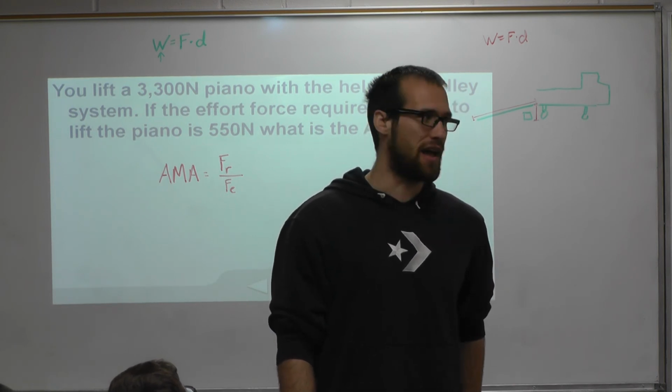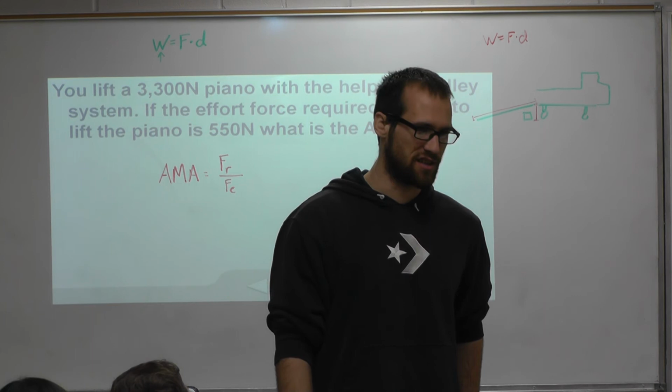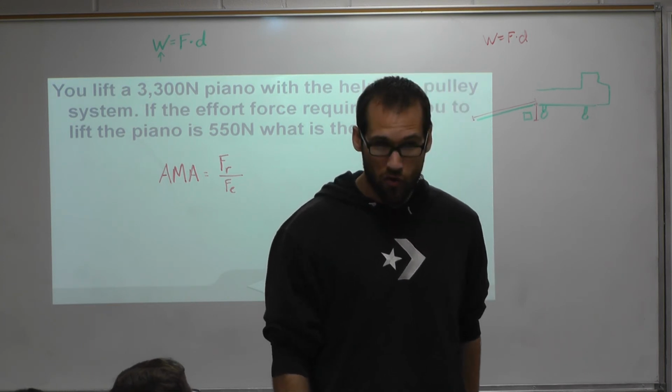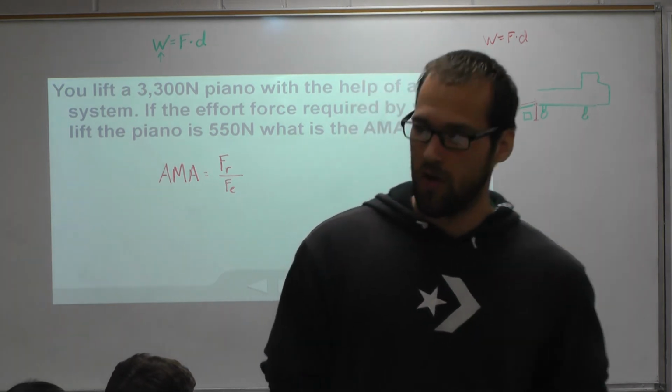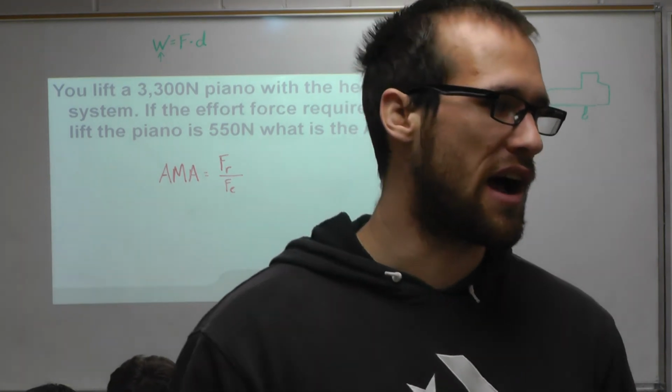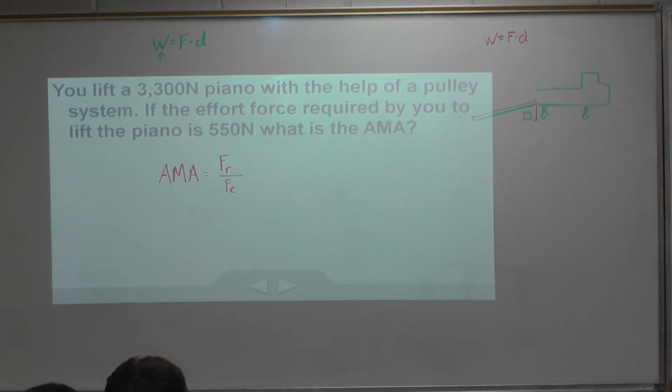Like if you couldn't apply a force strong enough to overcome the weight, is it going to move up? No. So, when we are trying to figure out the AMA, the resistance force is always the weight of the object you're moving. Because in order to get it to move, you've got to apply a force equal to the weight.